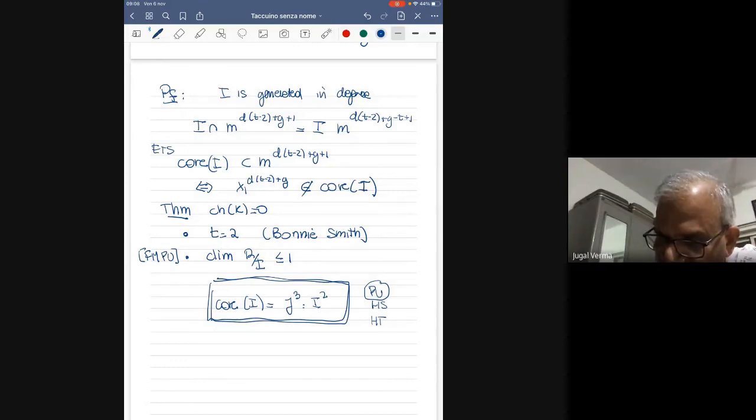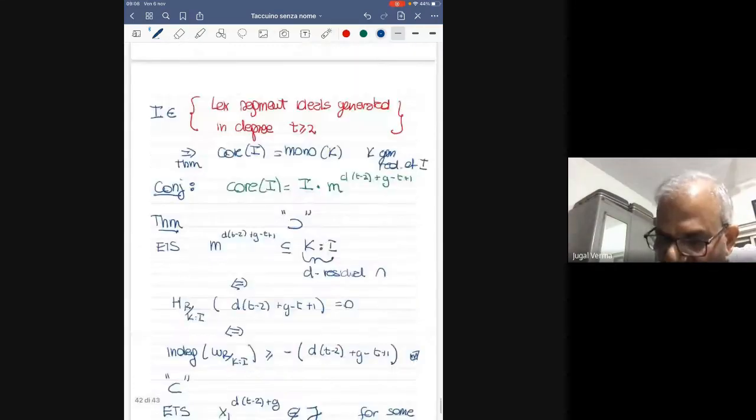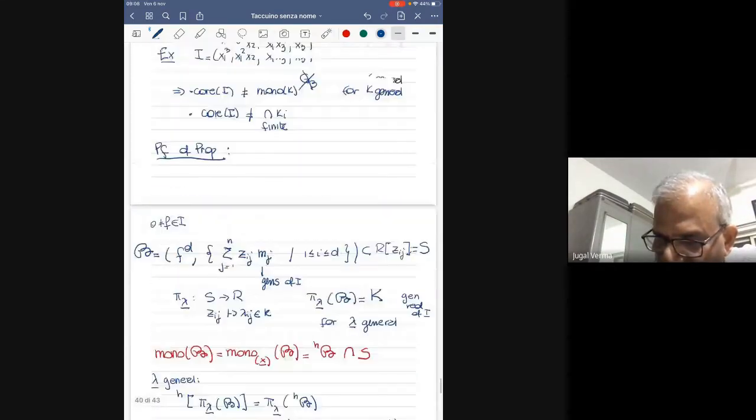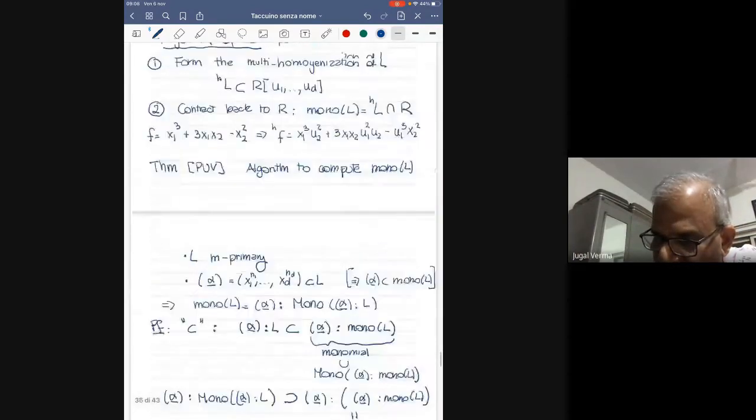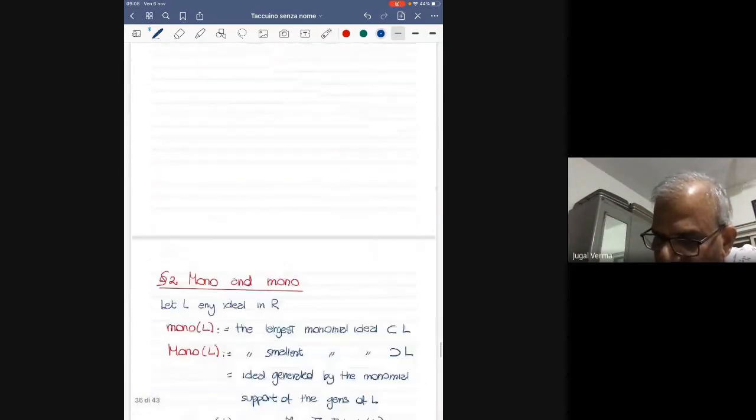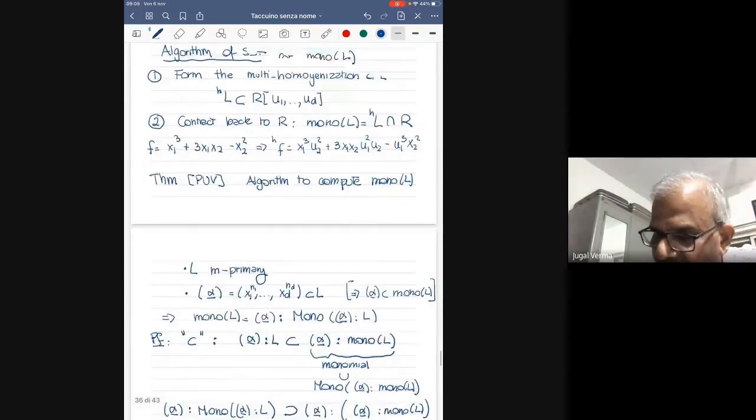Suppose you take just a regular local ring and take an M-primary ideal which is normal, and take the Rees ring. Suppose it has rational singularity, whether the same formula holds.